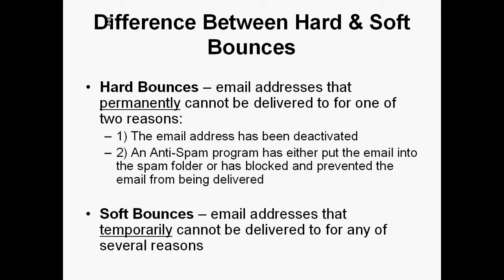It's a temporary condition that usually can be overcome in various ways. So, to recap, hard bounces are email addresses that permanently cannot be delivered to for one of two reasons, as you see below. Soft bounces are email addresses that temporarily cannot be delivered to.